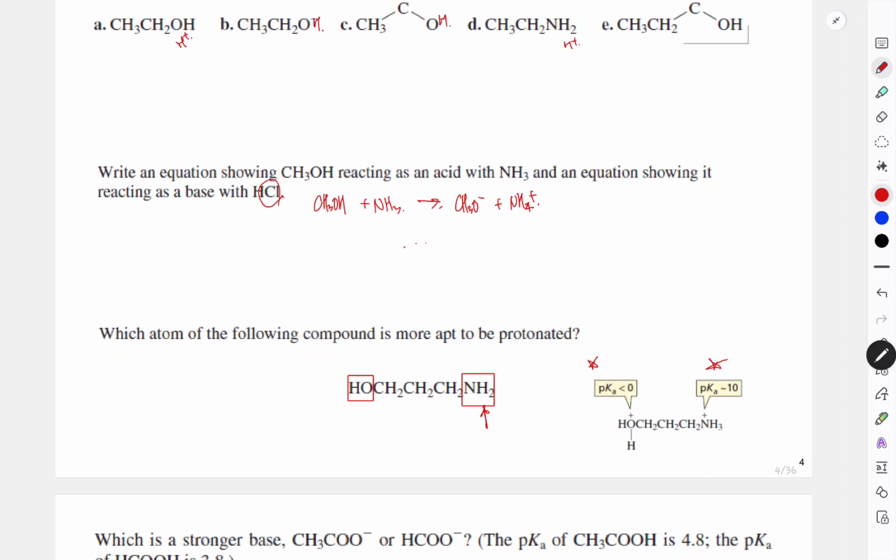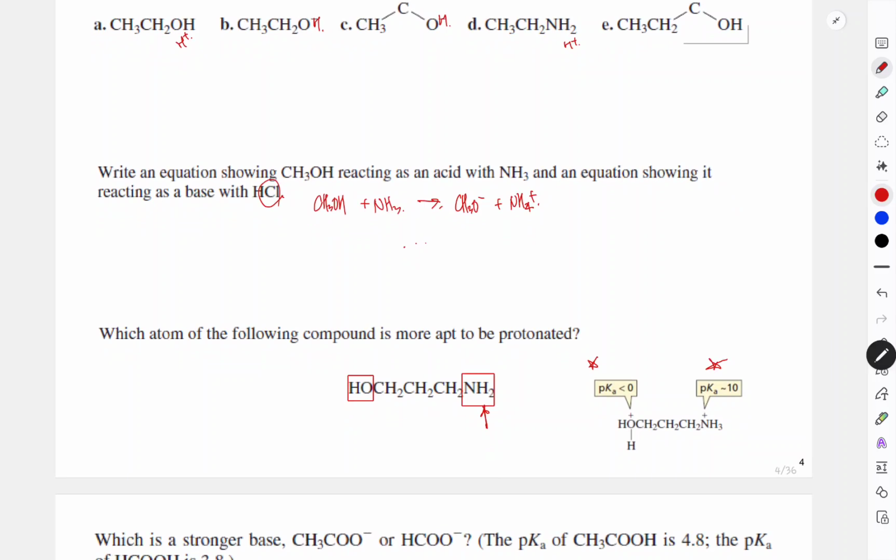And you know the pK value of the protonated alcohol is below 0. Pretty acidic. Whereas the protonated amine is around 10. And you have the values here and there as well.